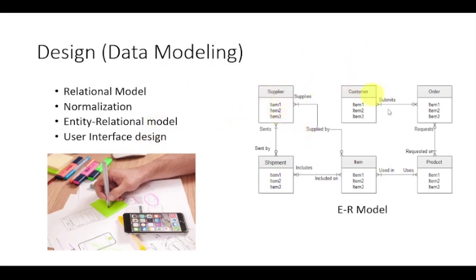Now this is a diagram using UML notation. UML means Unified Modeling Language. You know about Unified Modeling Language from one of my other videos. Now the ER model has several parts. Here is the entity, and this is the relationship between two entities.